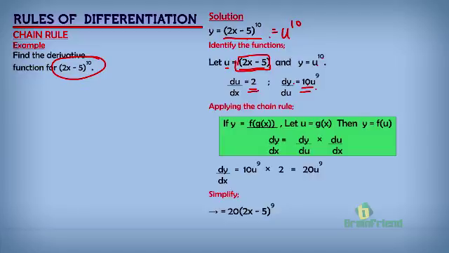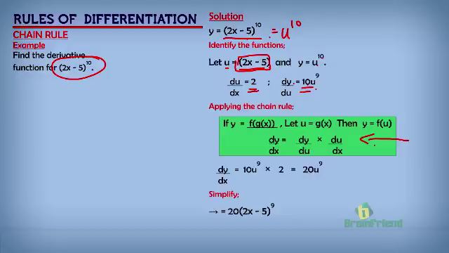If we take a look at our formula here, we said our dy dx is what? dy du times du dx. We have all that we need to input our values into this formula. Let's quickly take a look. We have our dy du, and that is 10u raised to the power 9. We also have our du dx, which is 2.